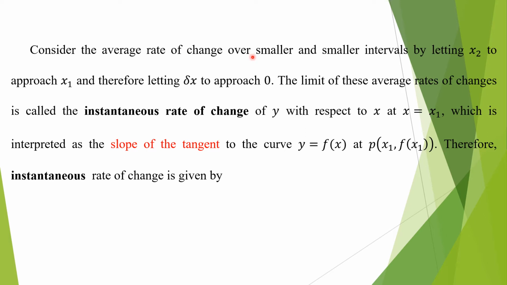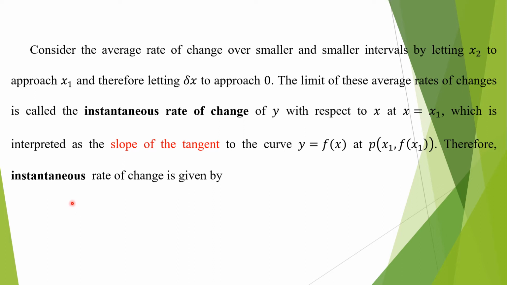Consider the average rate of change over smaller and smaller intervals by letting x2 approach x1, and therefore letting delta x approach 0. The limit of these average rates of change is called the instantaneous rate of change of y with respect to x at x equal to x1, which is interpreted as the slope of the tangent to the curve y equal to f of x at the point P (x1, f of x1).